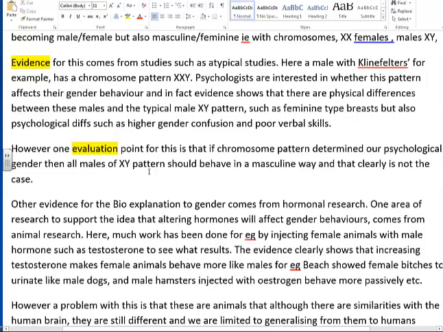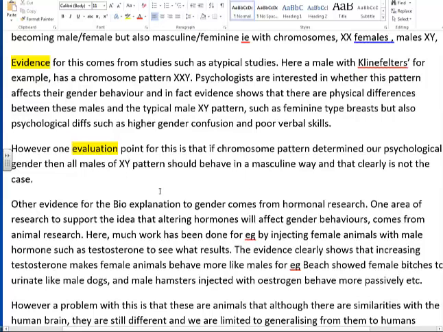So you could say that we have a whole range of typical males, XY, but their gender behaviour can really vary, from very aggressive, very competitive, etc., to very gentle and passive. So you could develop that point.